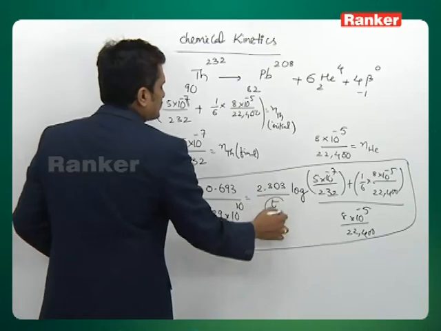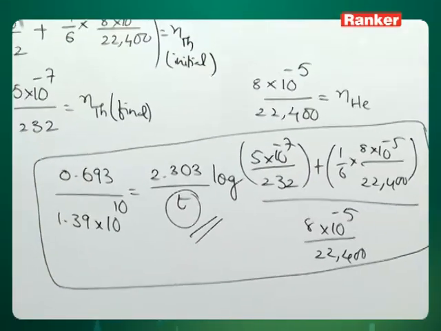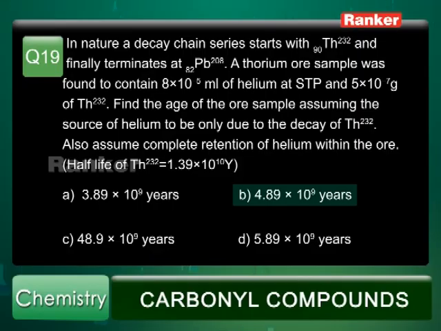Now simplification of this will fetch you the value of T, and the answer for this question is 4.89 into 10 to the power 9 years.